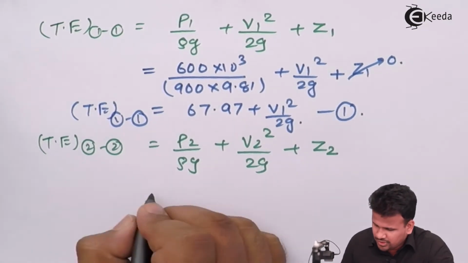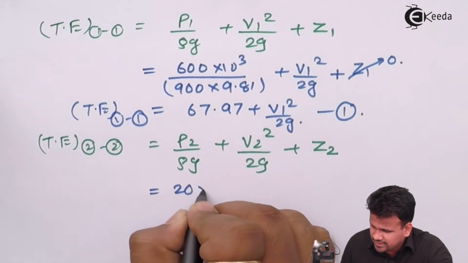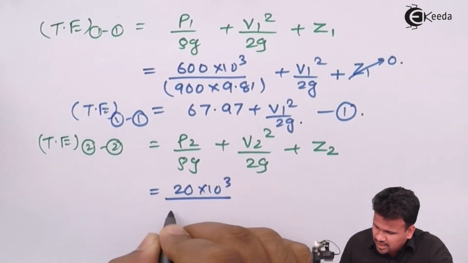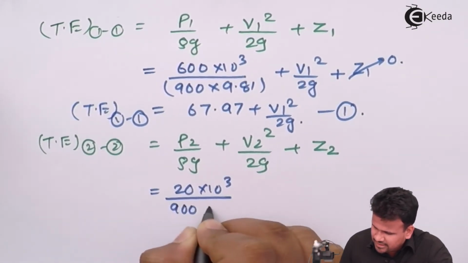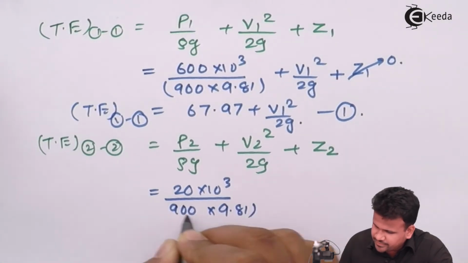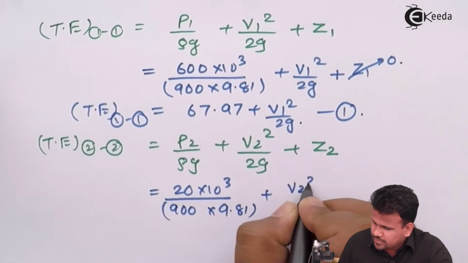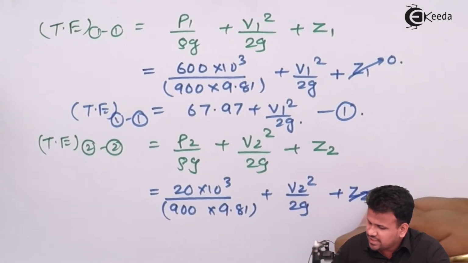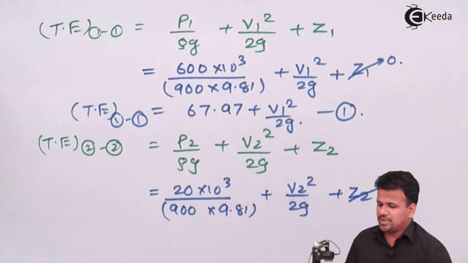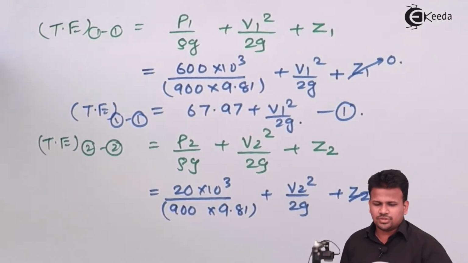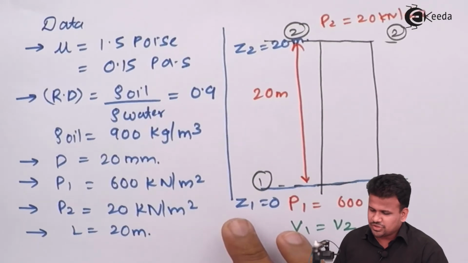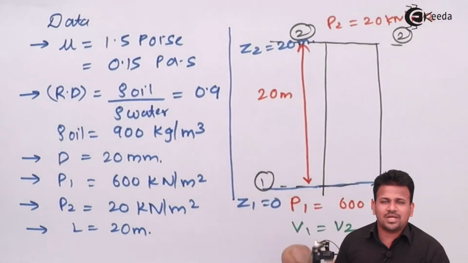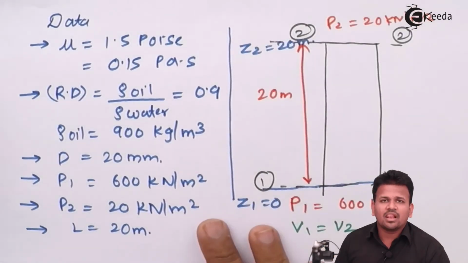At section 2-2, the pressure term is 20 into 10 to the power 3 upon 900 into 9.81, plus V2 square by 2g plus Z2. The value of Z2 is given as 20 meters because section 2-2 lies at a distance of 20 meters from section 1-1, which is at a higher level.